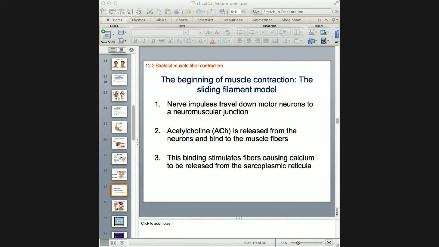In a relaxed muscle, actin and myosin myofilaments lie side by side, and the H zones and I band are at maximum width.